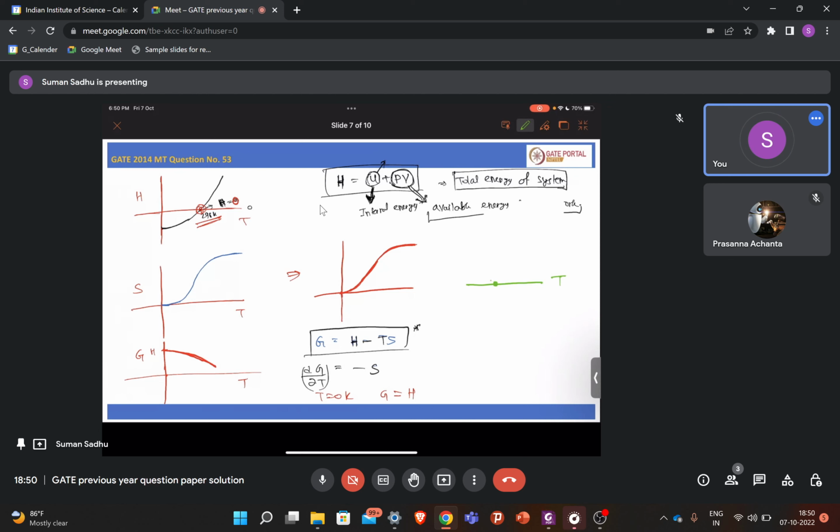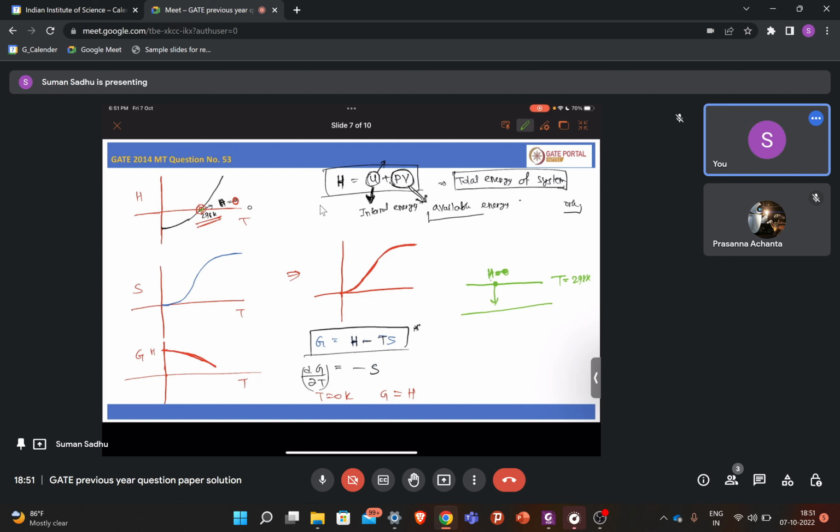So at room temperature you take H as zero, because experimentally you cannot determine the absolute value of H. You can determine the change. Now, if you go below room temperature, what will be the change of your H?